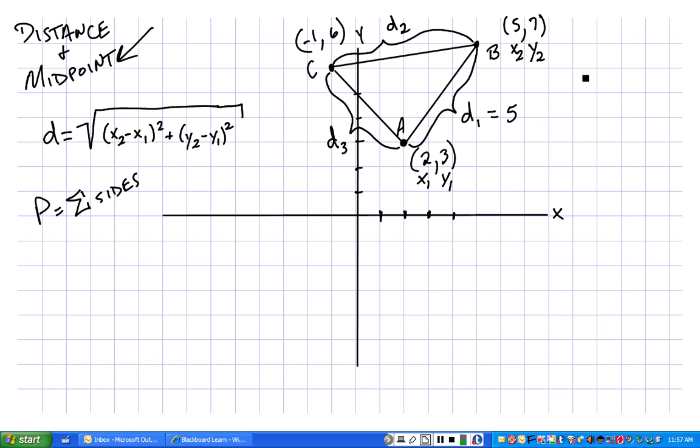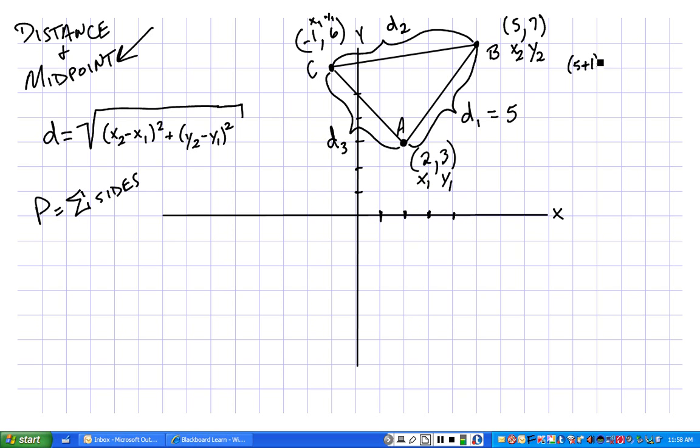So now let's look at the distance from B to C. It doesn't matter which one is x1 and x2, so I'll make this x1 and y1 since I already have B as x2, y2. So x2, which would be 5, minus x1, which is -1, so minus negative will make it plus.